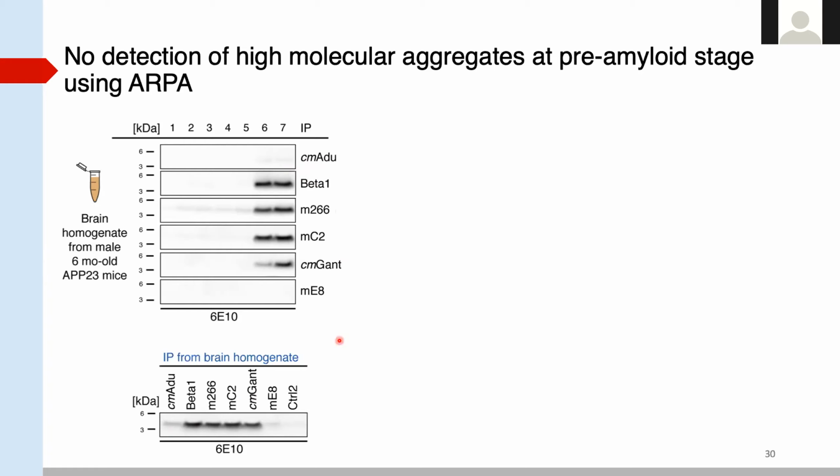Since this was our limitation, we were still interested whether we would see a difference in the treated animals. We could see with the formic acid extraction that we in fact reduced insoluble, Triton-insoluble A-beta. So we were interested whether this would also be high molecular weight A-beta.